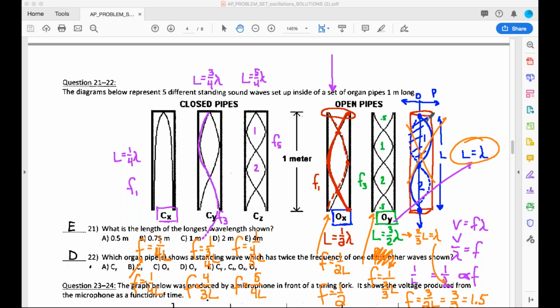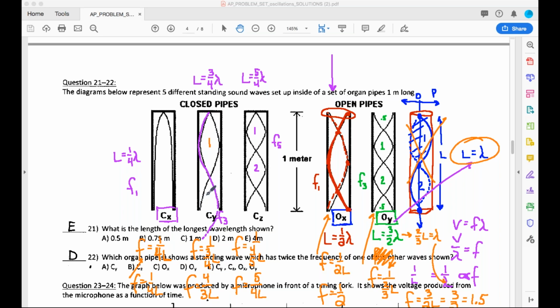Let's take a look. Here's another. I think this is probably the best way of doing it. If we look at OY, there are 3 half waves. Let's just call it 3 total loops. So we've already kind of gone through that. And then in CY, there are 1.5 total loops.